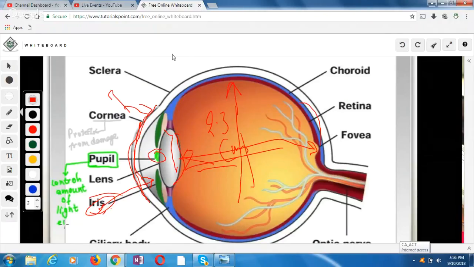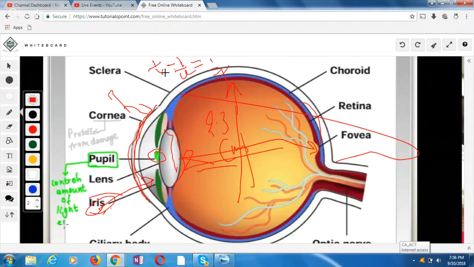If I write the formula for you here, 1 by v minus 1 by u is equal to 1 by f. Now, if this distance is fixed, this is the lens and the image is getting formed at the retina here.